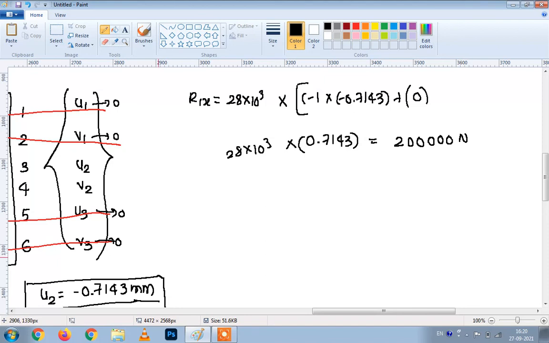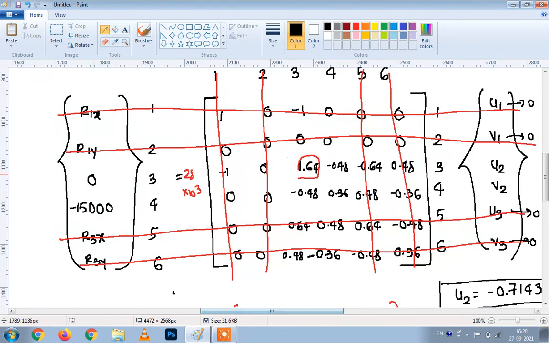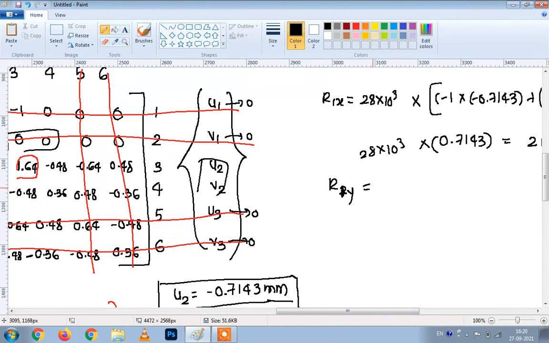In the similar way, we have to find out R1y. So how to find out R1y? As these two elements are 0, directly I can write here that R1y is 0. Similarly, find out R3x and R3y also, this is an assignment for you.